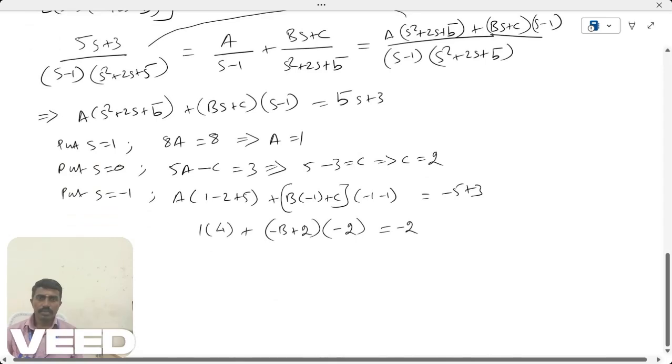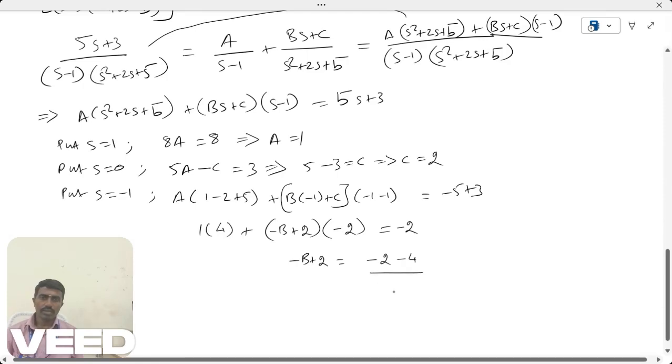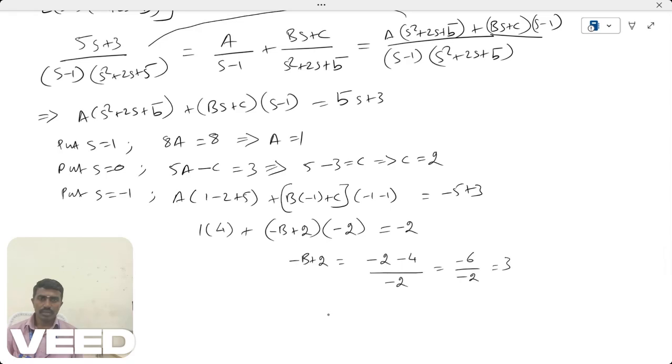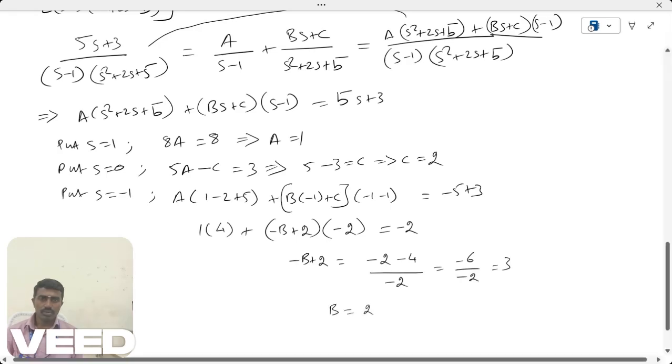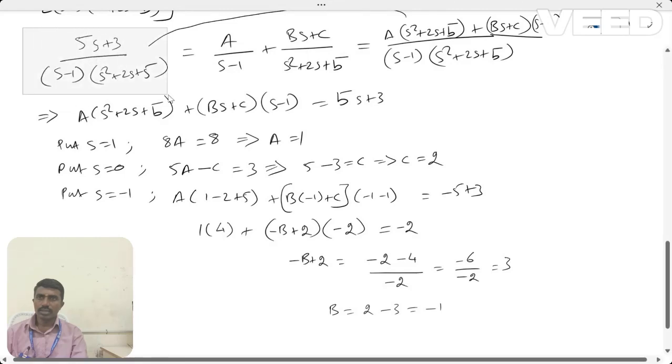Minus B plus 2 equal to minus 2 minus 4. This 4 goes to that side, minus 4, divided by this minus 2. That is minus 6 divided by minus 2. It is 3. So B equal to 2 minus 3, which is minus 1. So substitute the A, B, C values in this equation.